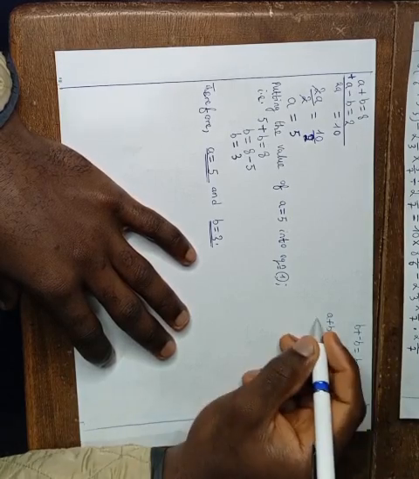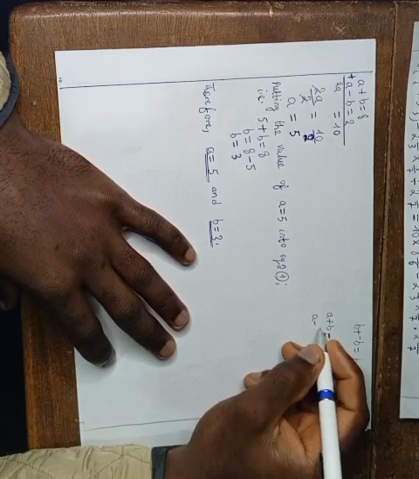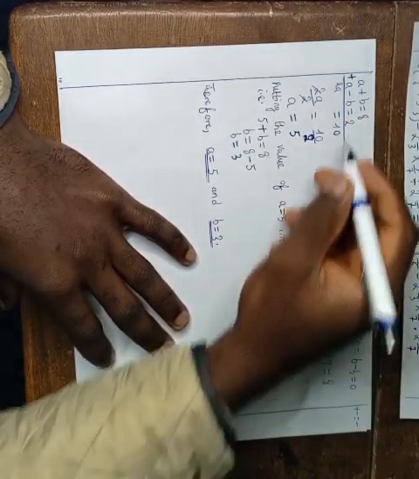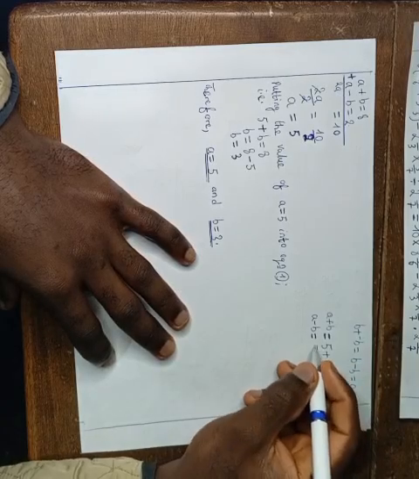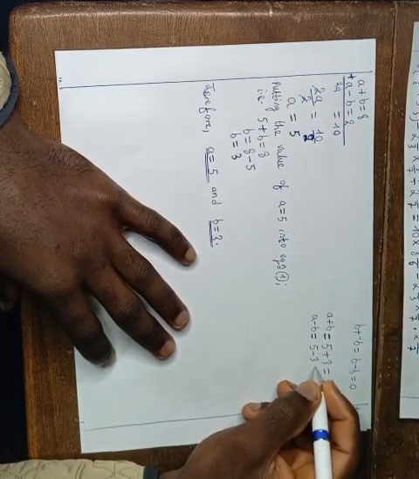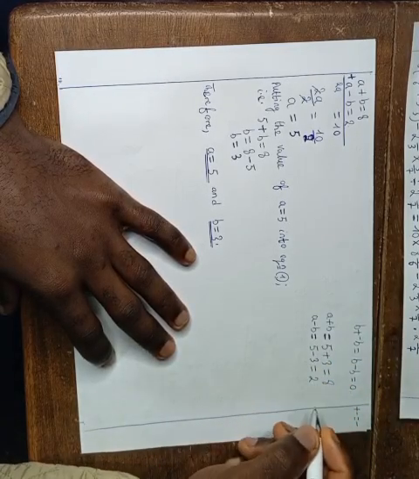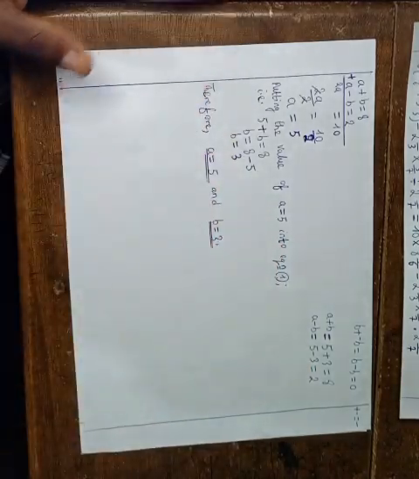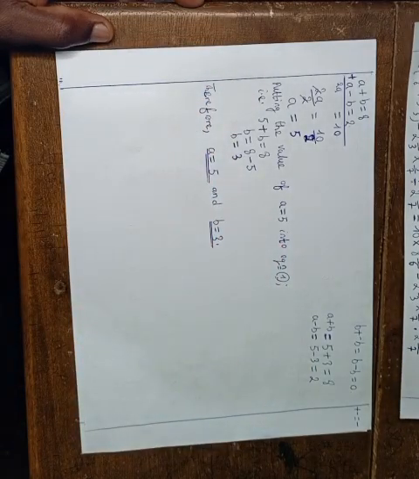True. Next, we need to find the difference. A minus B, the difference of the two numbers, should give us 2. So 5 minus 3 gives us 2, which is true. So the two values are correct. We are done with that question.